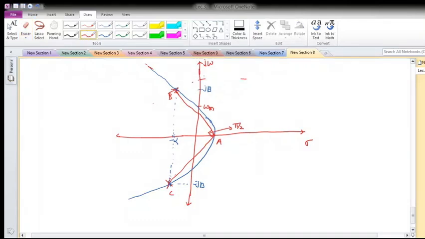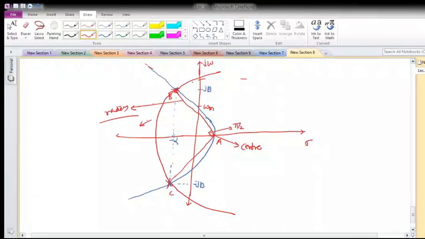So the circle will be something like this, where A is the center and this AB is your radius. So this is basically the half power point circle. Here what can be observed?